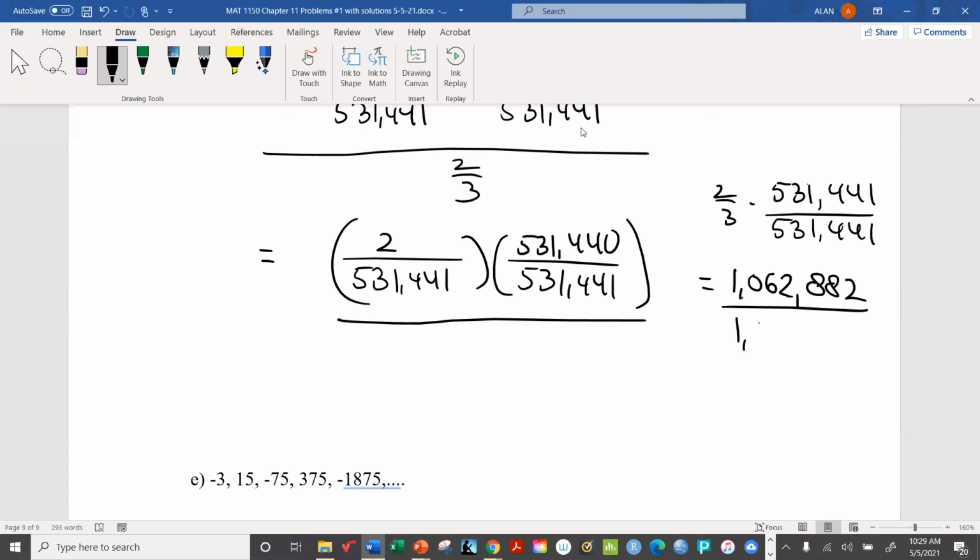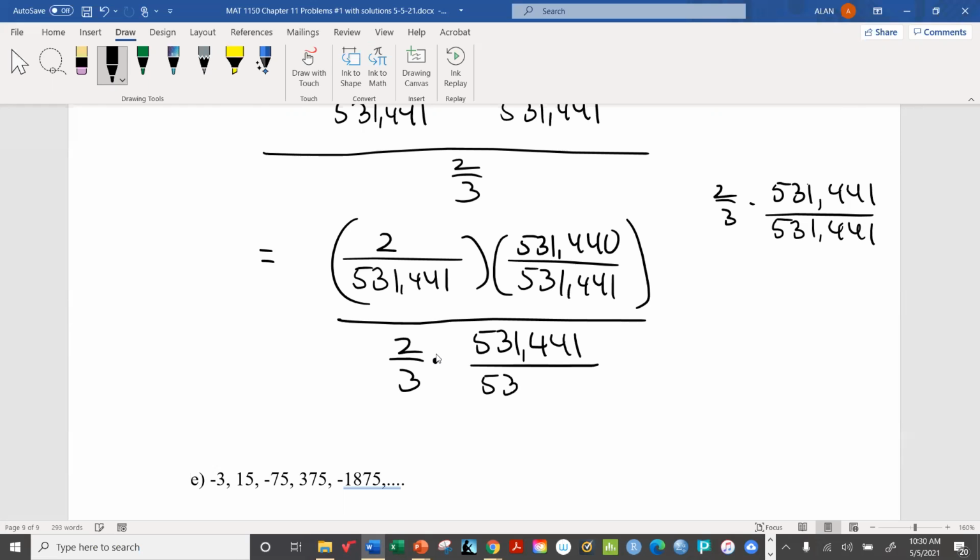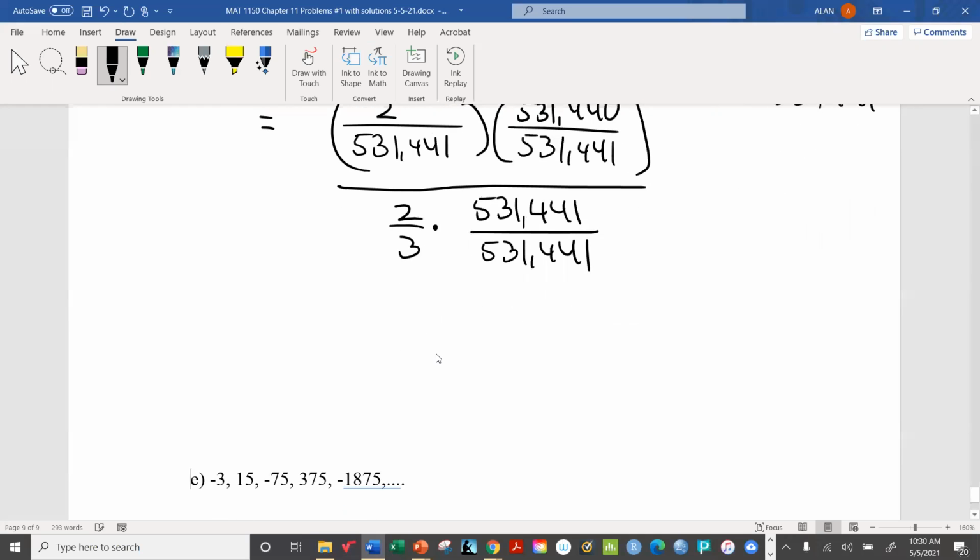Wow, I'm not even sure if this is helping or not. Let's leave it like this. Basically what I'm trying to do is get some cancellation going on. All right, oh God, what a mess.